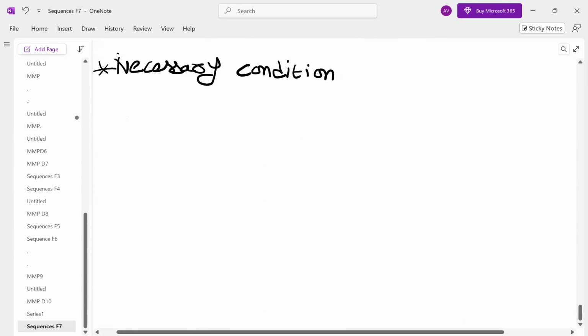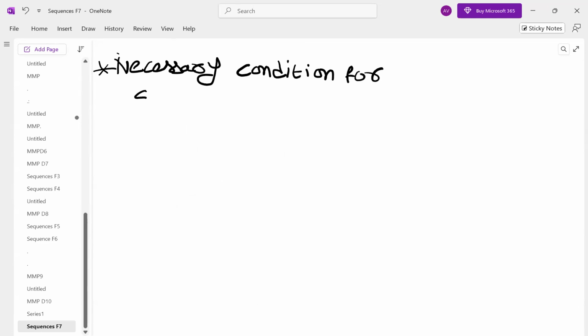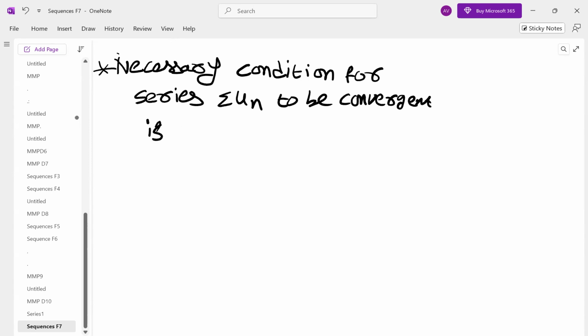Now, what is the necessary condition? Necessary condition for series to be convergent. You may get theoretical question again. For series summation un to be convergent, limit un is equal to 0.